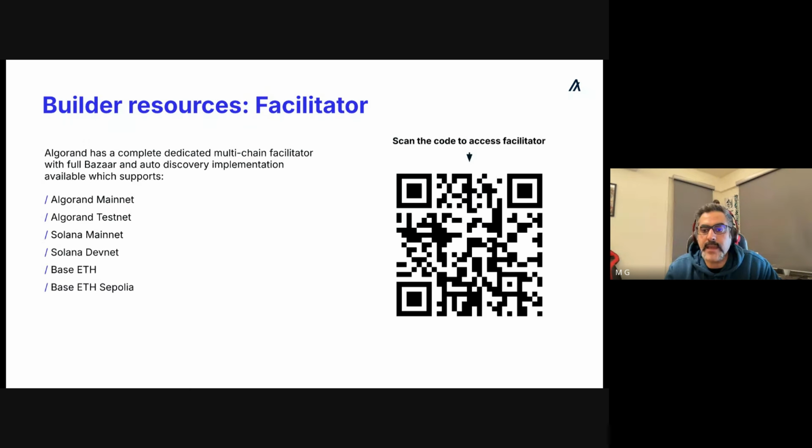Very shortly, again, the Algorand facilitator is not only for Algorand, it supports both testnets and mainnets of Solana and Base Ethereum. So complete coverage for all supported blockchains for x402 is there.